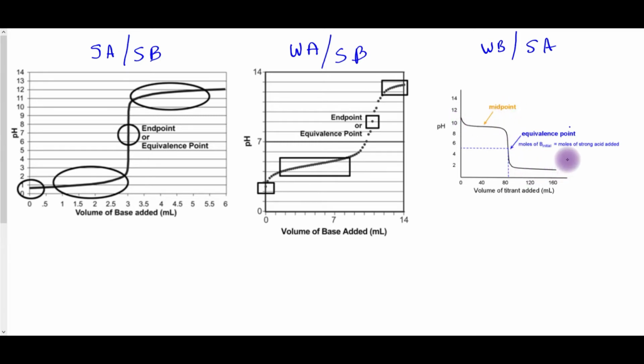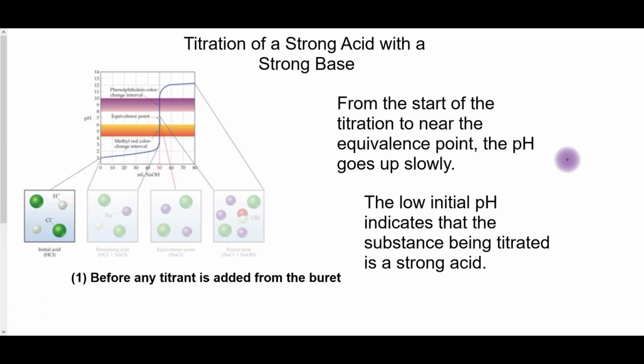Let's look first at a titration of a strong acid and a strong base. As we start, before we add any titrant, we have just our acid. I'm not showing the water molecules in this case, and that low pH tells us it's strong.